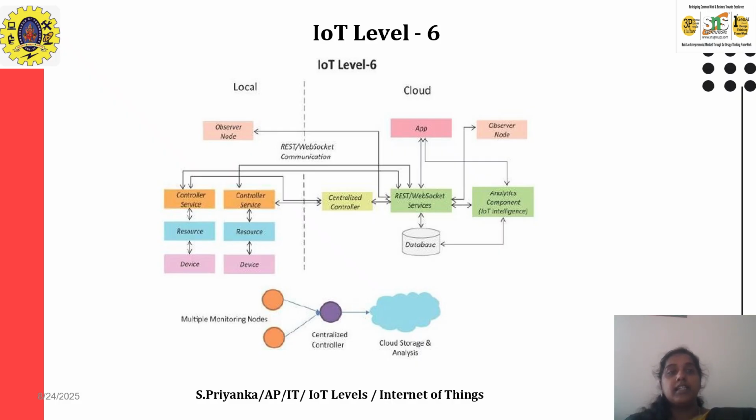The results are finally visualized with the cloud-based application. The centralized controller is aware of the status of all the end nodes and sends control commands to the nodes. Here the example for this is weather monitoring.